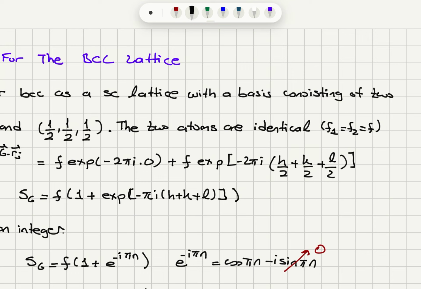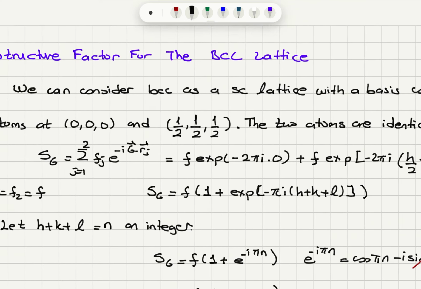The two atoms are identical, so I'm not talking about a cesium chloride structure. It's a body-centered cubic lattice with one atom in the basis, but I'm considering the BCC lattice as a simple cubic lattice with two atoms in the basis that are identical. So the atomic form factors will be f1 equals f2 equals f.